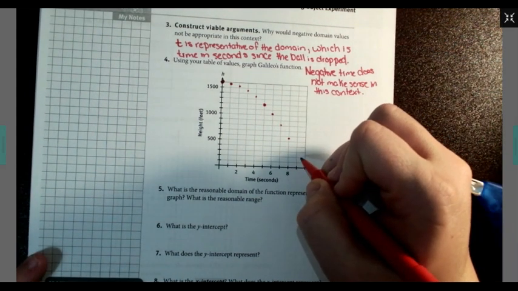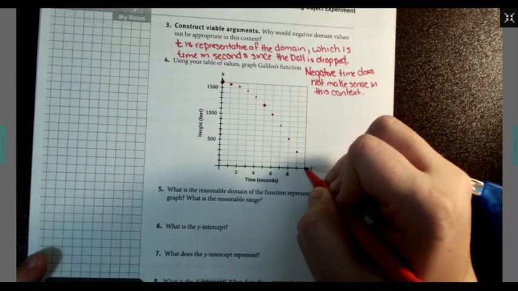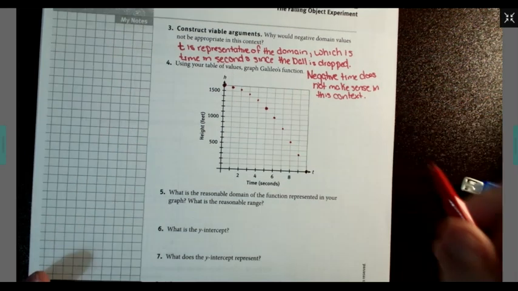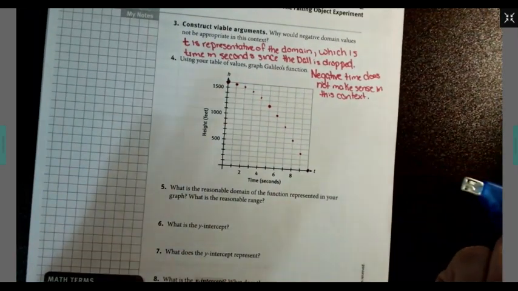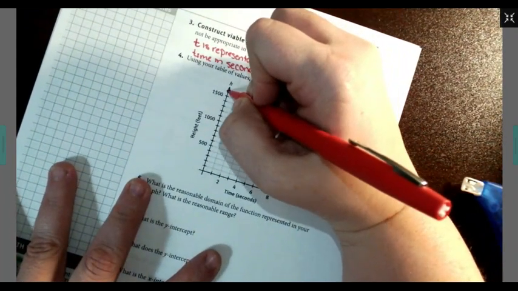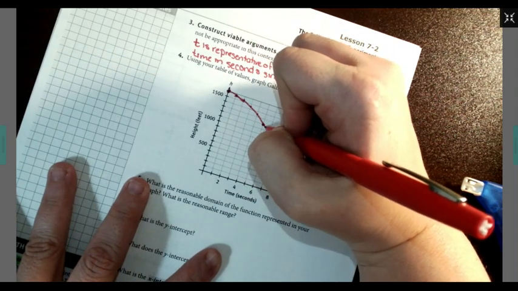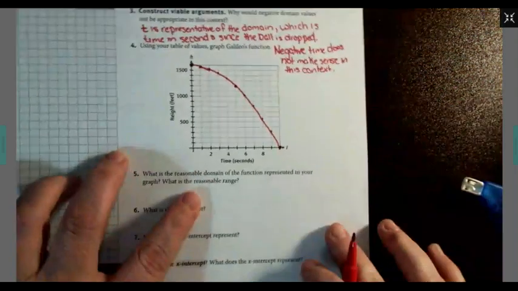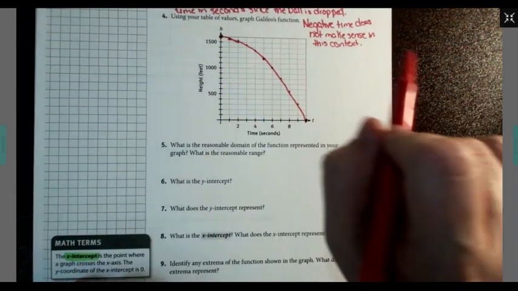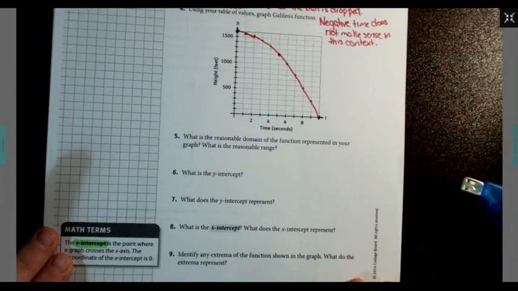Then we're almost at 300, but a little bit above. And then here we're on the mark. So we have this that is clearly not a straight line. It's more of an arc-ish. So I kind of did it to the best of my ability. It's kind of got this curved action going here.